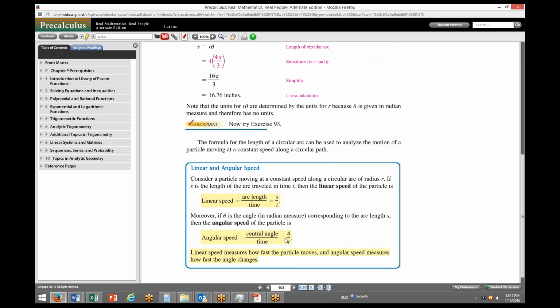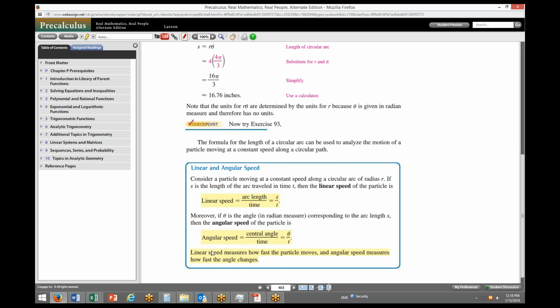The angular speed is just theta divided by t, which means that if you were to first figure the angular speed as theta over t, you could easily derive the linear speed by just multiplying the angular speed by the radius, r. And that works 100% of the time. If you want to first find the angular speed, the angle divided by time, and then multiply it by the radius of the circle, you will get the linear speed.